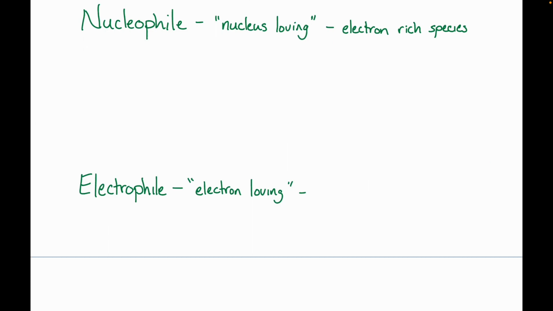They really want that negative charge. So they themselves do not have electrons. That's why they want them. Whereas nucleophiles are electron-rich species, electrophiles are electron-poor species. That's why they want the electrons, because they themselves don't have them.